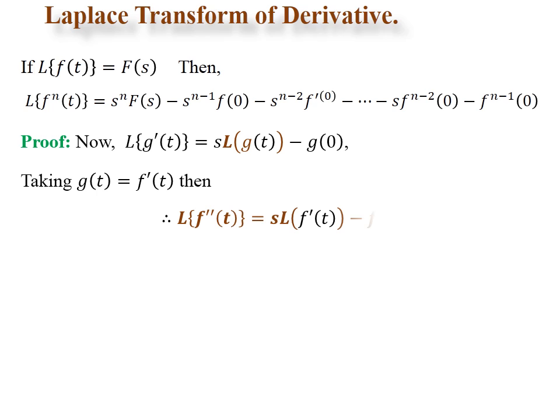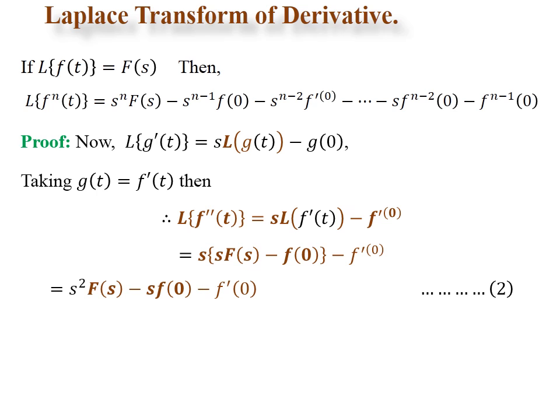So it will be Laplace of f''(t) equals s Laplace of f'(t) minus f'(0). So using equation 1, Laplace of f'(t) is s F(s) minus f(0). So finally what we get is s squared F(s) minus s f(0) minus f'(0). Thus we get the Laplace transform of the second order derivative.